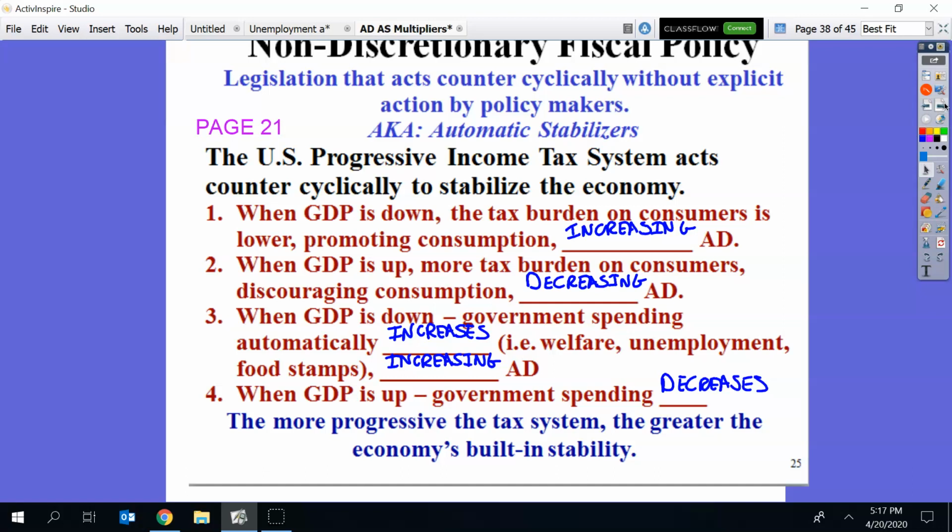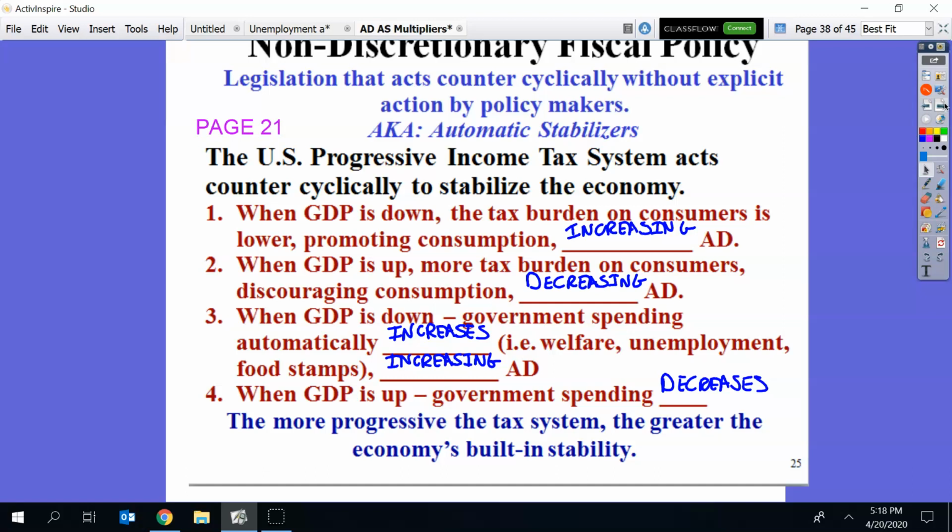Last point here, guys, you have to be able to respond to recessions, and sometimes waiting for Congress and the President to act is not necessarily going to get it done. So with these automatic stabilizers, you have to have a system in place to help stabilize things before they progress too quickly.